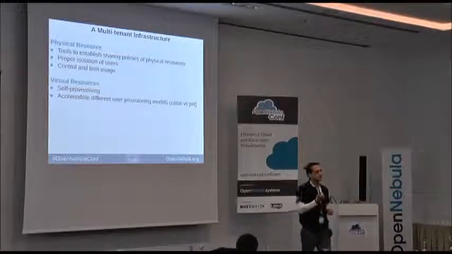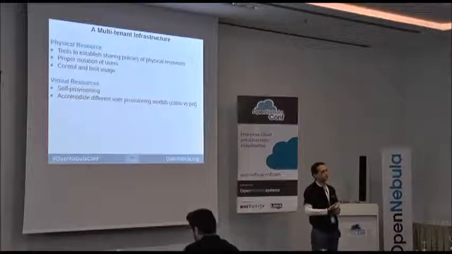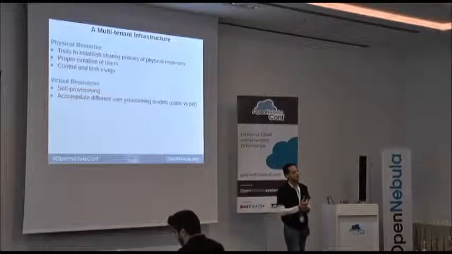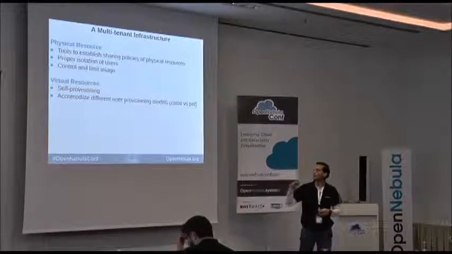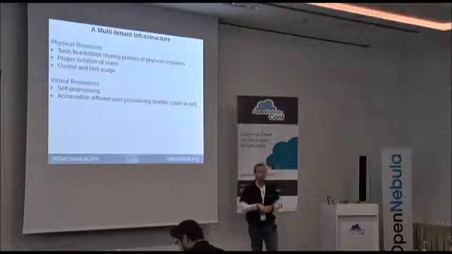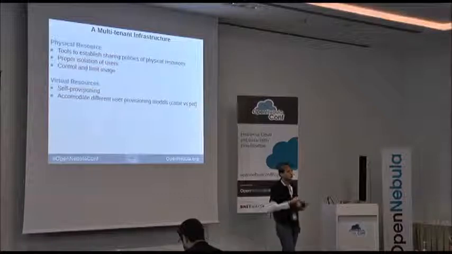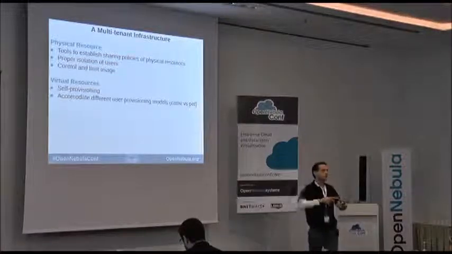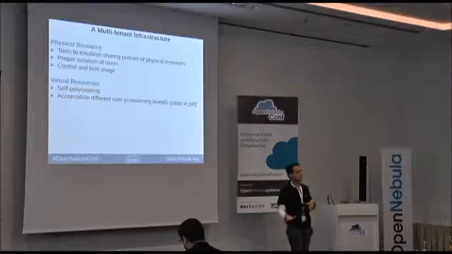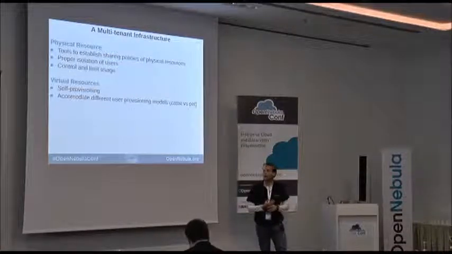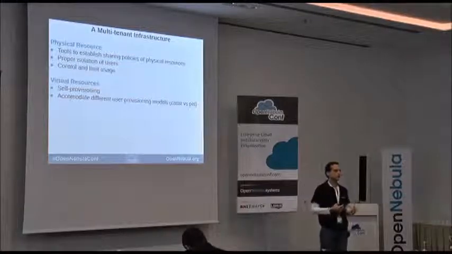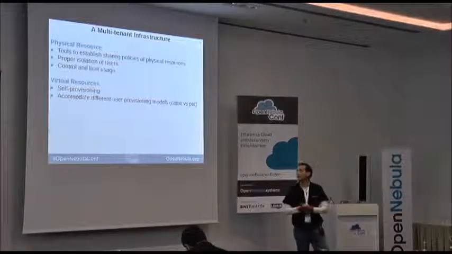The second thing that's important when you want to create a multi-tenant infrastructure is to put in place proper isolation mechanisms for your users. So the idea is that users cannot interfere with the other users of your cloud, not only in terms of security, but also in terms of access control to the resources that they are using in the cloud.